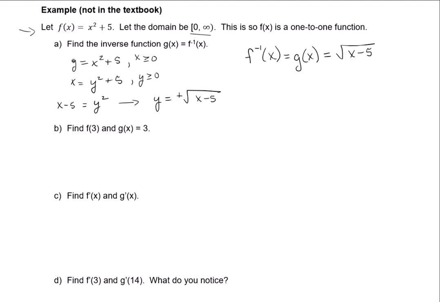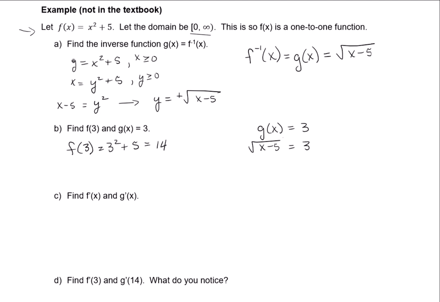All right, now the next part of this example is for us to find f of 3, and then to find where g of x equals 3. So f of 3, remember that's our original function, is 3 squared plus 5, so that's 14. Then we want to know where g of x equals 3. Well, your g of x is the square root of x minus 5, so we set that equal to 3 and solve.